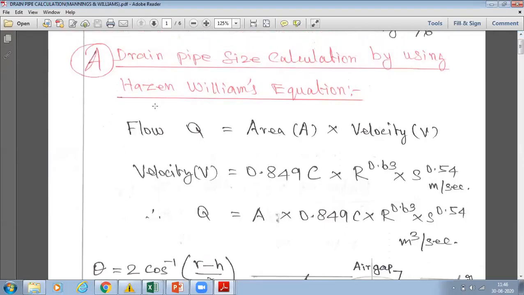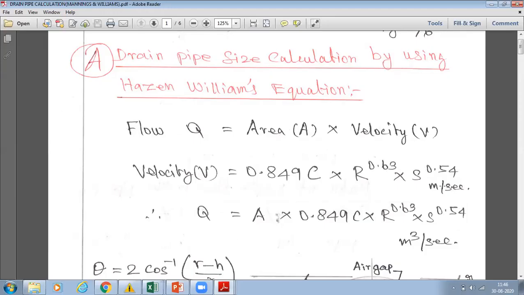Drain pipe size calculation by using Williams formula. Flow rate Q equal to area into velocity, you know already. For the velocity, the Williams formula is 0.849 C into R power 0.63 into S power 0.54 meter per second.